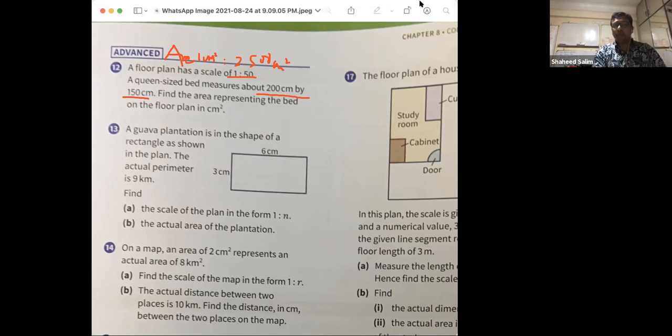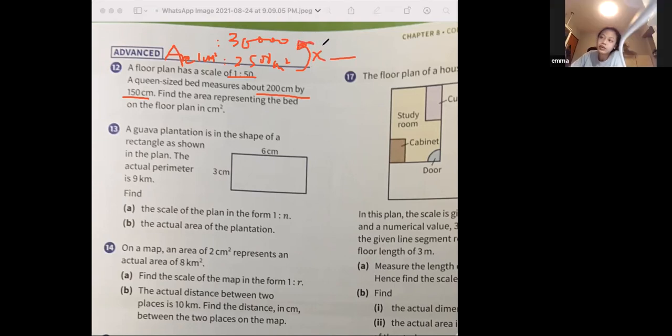From 2,500 to 30,000, times what? You just reverse, you divide, you can get the answer.